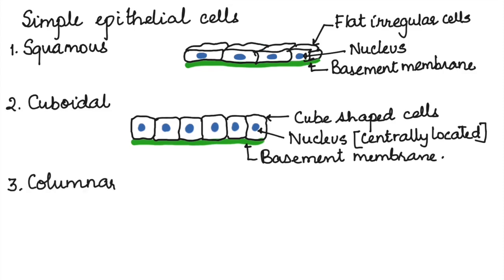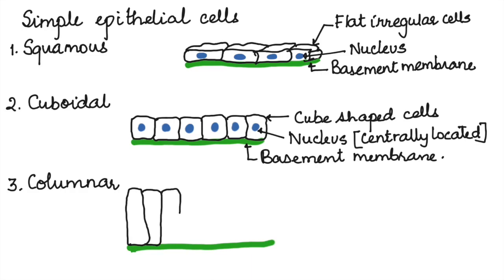Let us now see the columnar epithelial cells. So again here we begin by drawing the thick line representing the basement membrane, and here we have to draw elongated cells. These are the column shaped cells, and each one of them is very closely packed to each other.